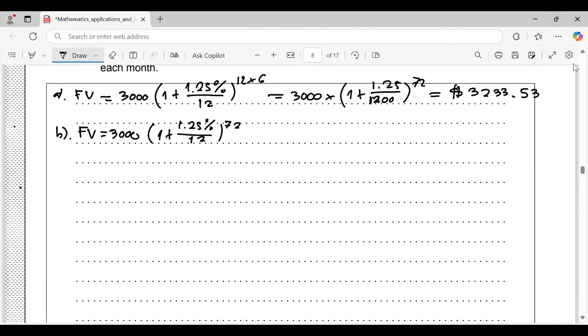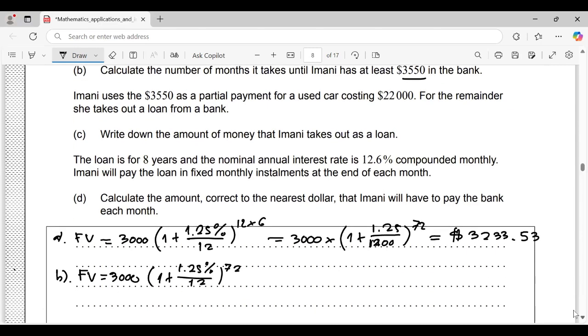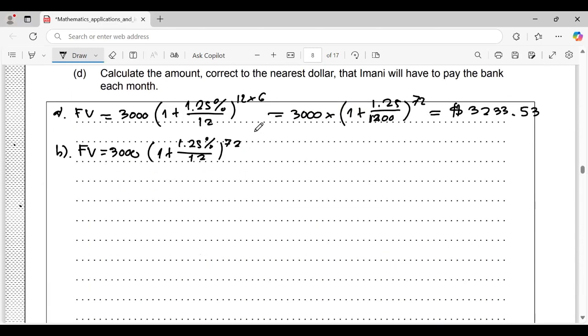But according to this information, FV is this one, 3,550. So we can rearrange this equation: 3,000 times 1 plus 1.25 over 1,200 power 72 equals $3,550.